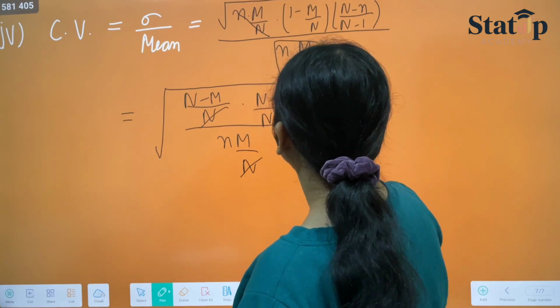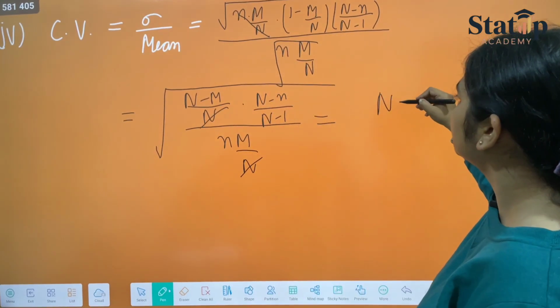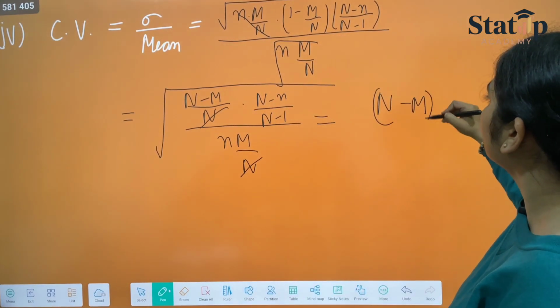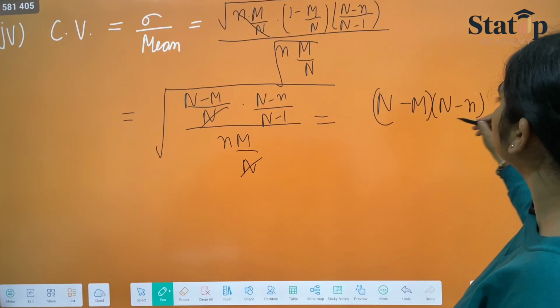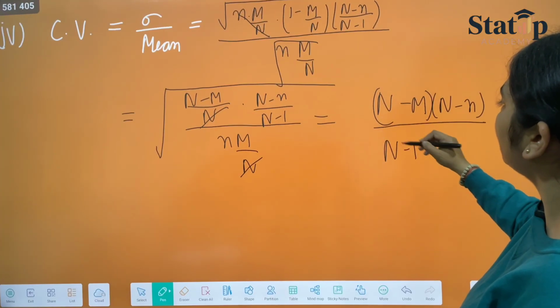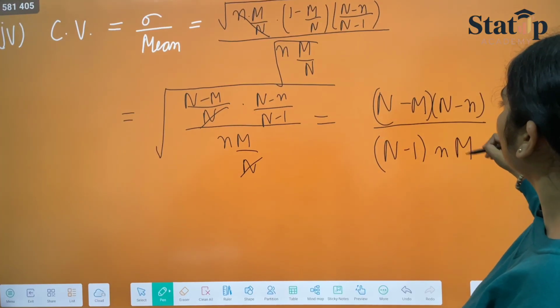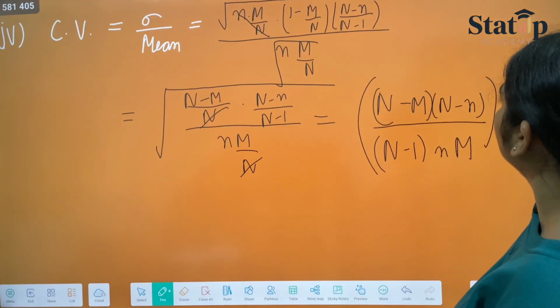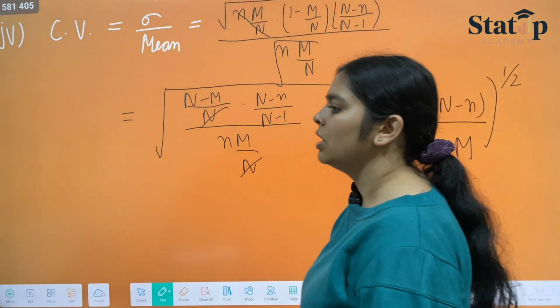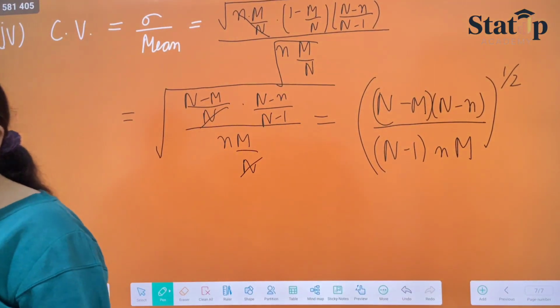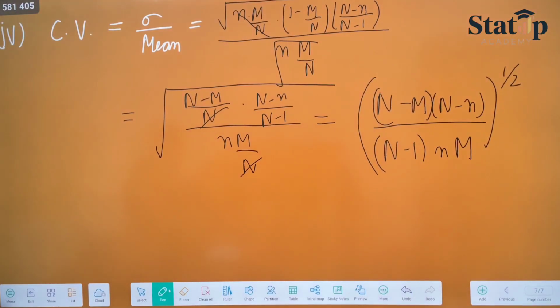This will get cancelled with this, and we get the value as ((N minus m)(N minus n) upon (N minus 1)nm) whole raised to the power half, or you can also write it under root. This is the coefficient of variation for our hypergeometric distribution.